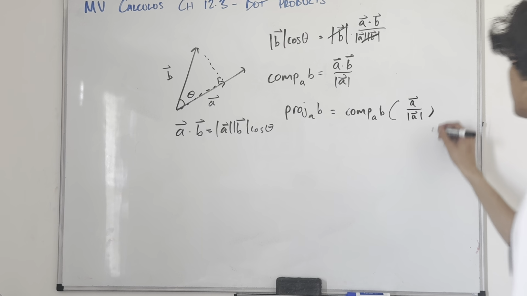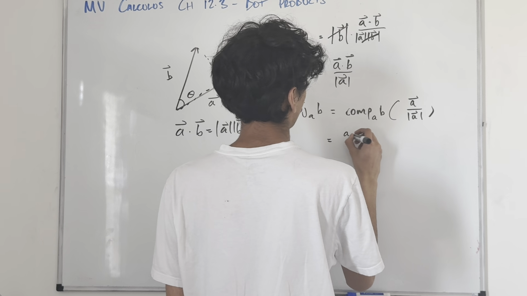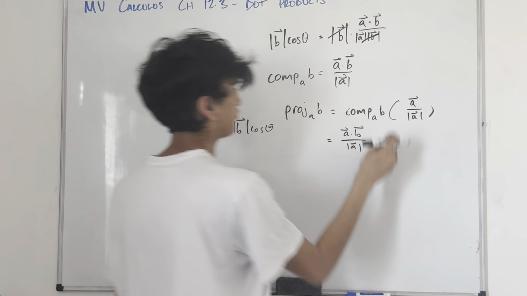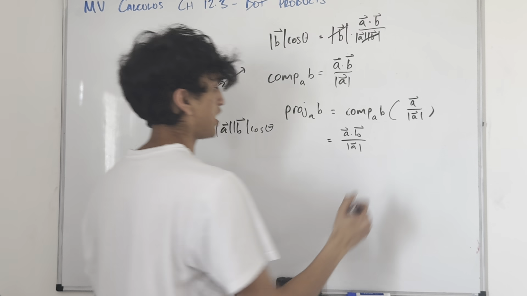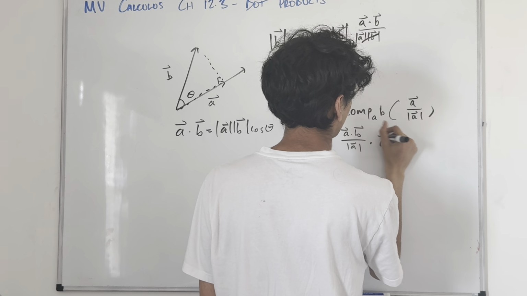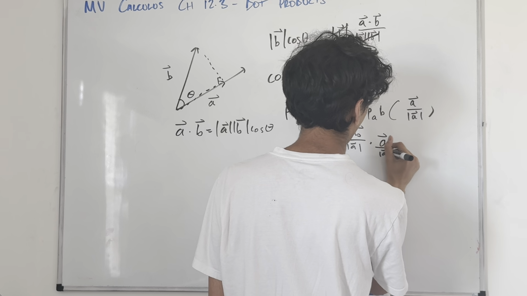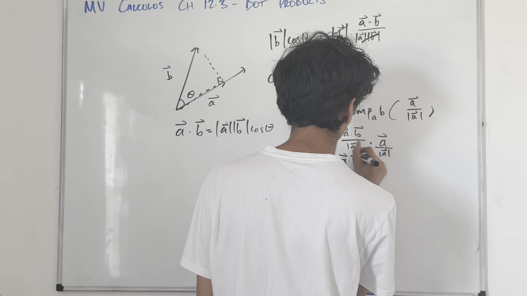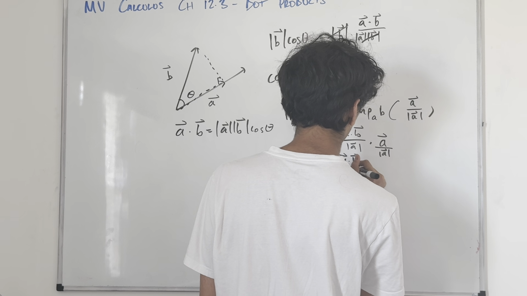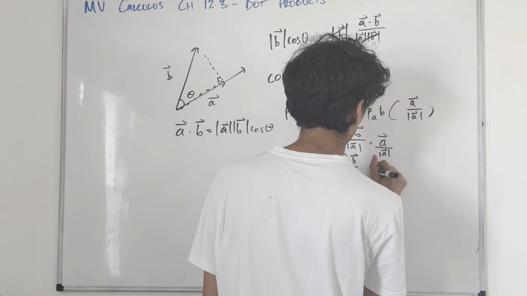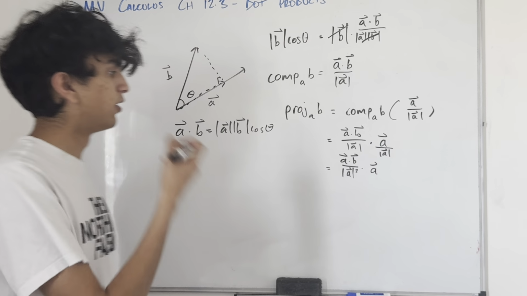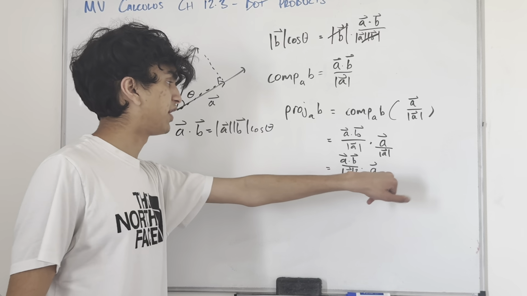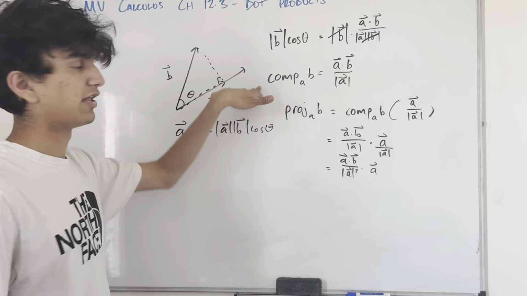So what I get is A dot B over magnitude of A, my derived formula for the component, multiplied by A over magnitude of A. Once I simplify, I get A dot B over magnitude A squared times the vector A. So this is a vector result, because I'm multiplying by a vector, and the component would be a scalar result.